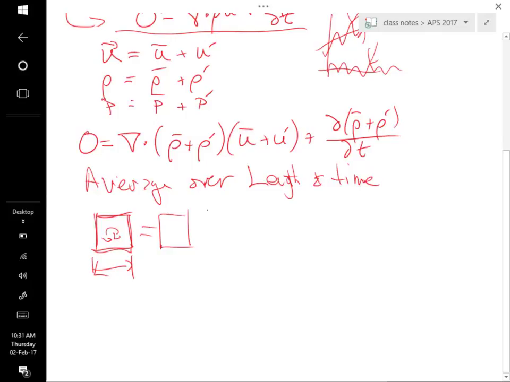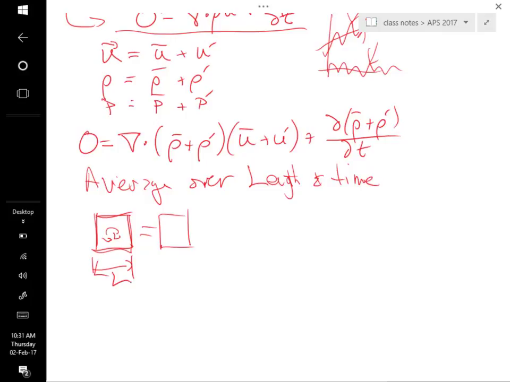That was what I was trying to get across on the previous slide, where I had the horizontal scale and we were saying, okay, we're averaging below this size. So we're averaging over a length scale, and also we've got this fluctuating pattern with time, so we're going to average over a time scale too. Okay, so we'll average over both.